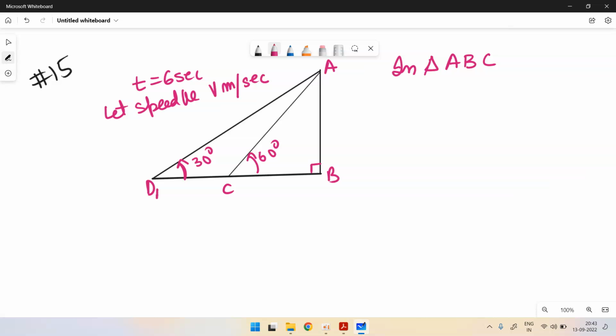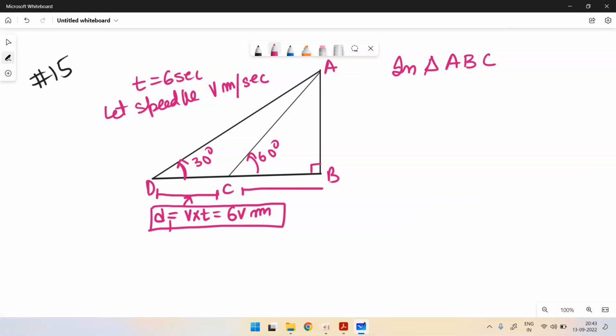So the distance is speed into time, which is nothing but 6v meters. Let's suppose this is my d1. You need to find this distance d2.